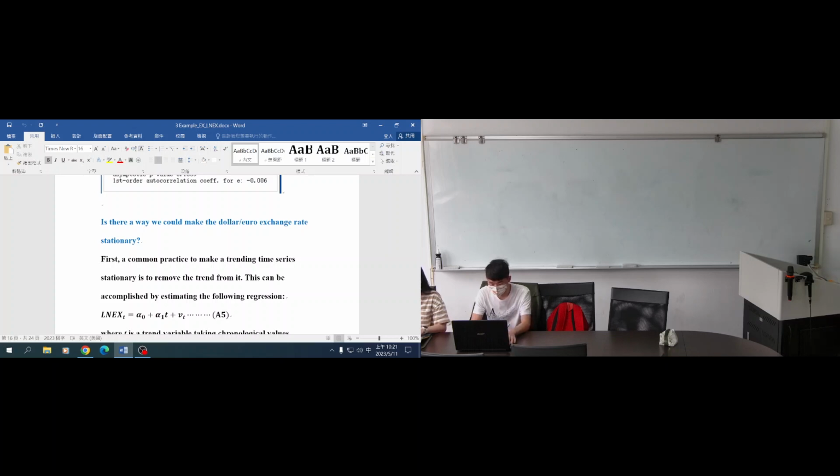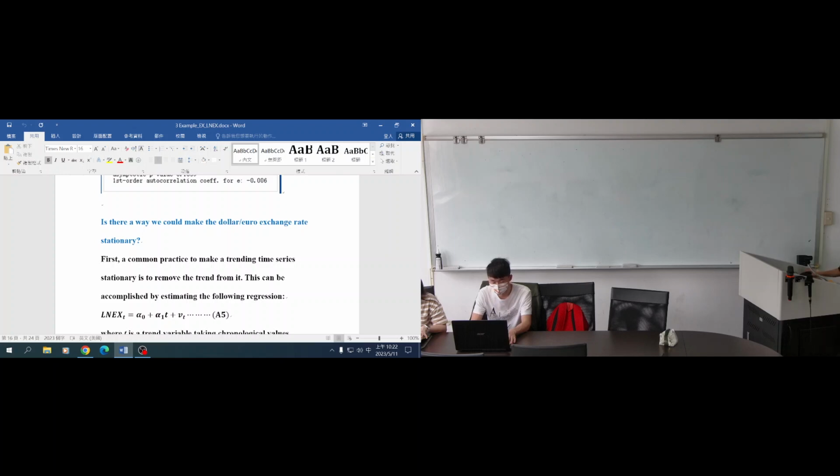Detrending means, if this is a variable we're working with, I'll put the equation like this one. Detrending means I put t as one of the variables.